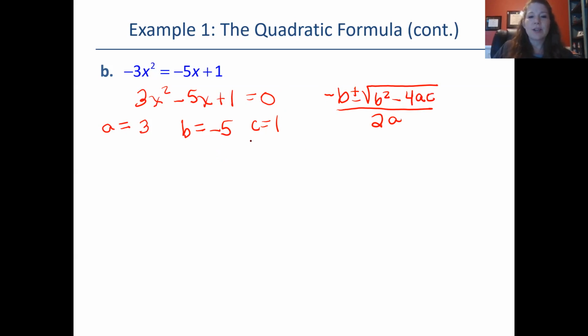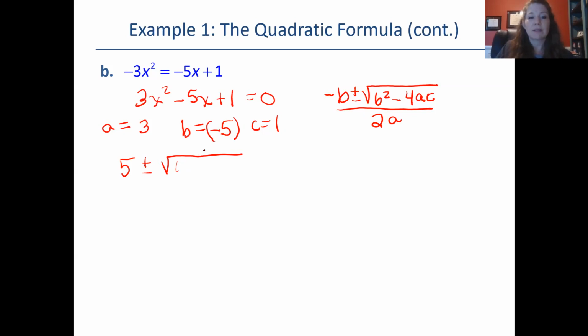All right, anyway, so now we have our quadratic formula. If you can read it, my handwriting is awful. Let's start with the opposite of b, or negative b. The opposite of -5 is +5, plus or minus the square root of b squared. You can put -5 in parentheses and square it, but I know that whatever b is, when I square it, it's going to be a positive number.